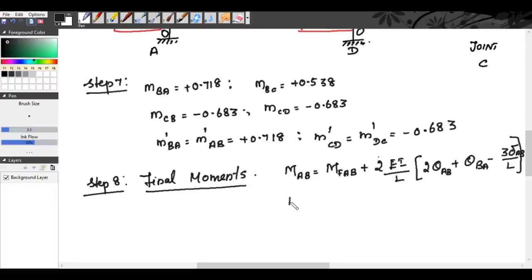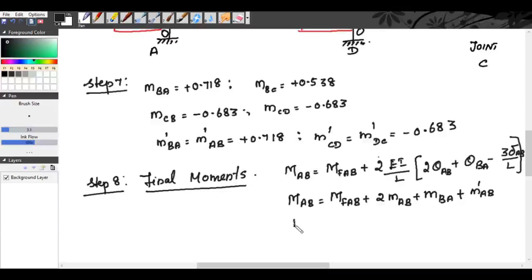So MAB is equal to MF of AB plus 2 MAB plus MBA plus M dash of AB, because the 6EI delta by L square term is taken as M dash AB.